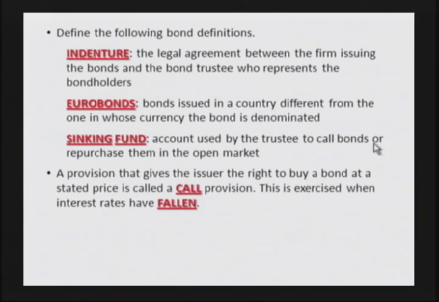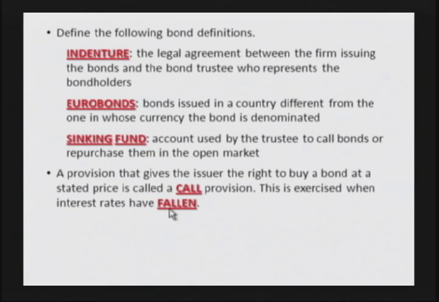We mentioned calling bonds. A call provision is a right where the issuing firm can buy a bond at a stated price, and that's more likely to happen when interest rates have fallen, because that will make those bonds a bargain. When the rates fall, the bond's price will have risen, everything else equal, and if the issuing firm can call the bond away at a bargain price, it will do so and then issue new bonds at the now lower interest rate.